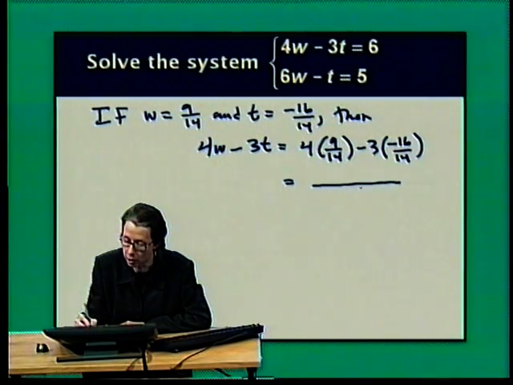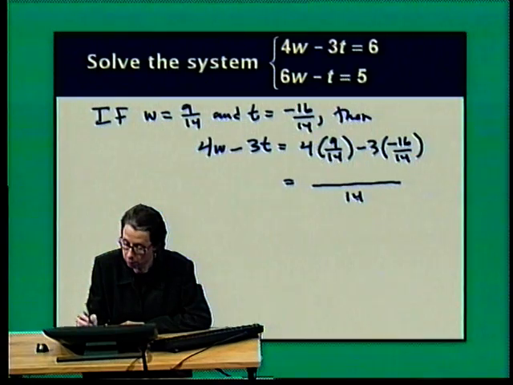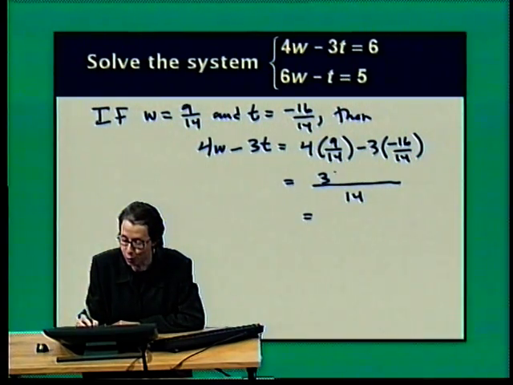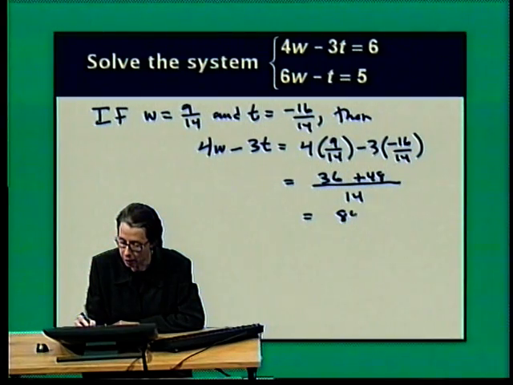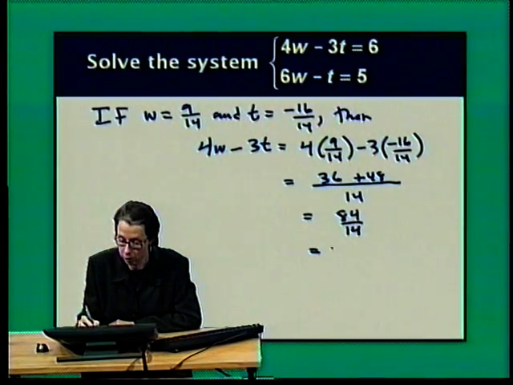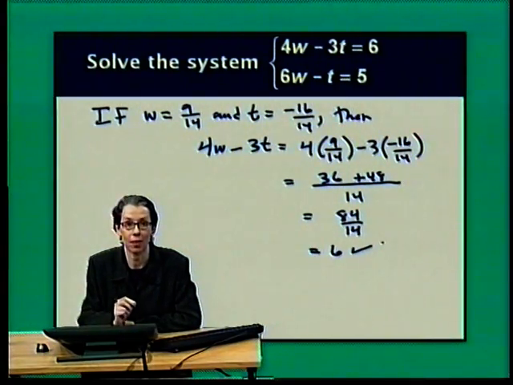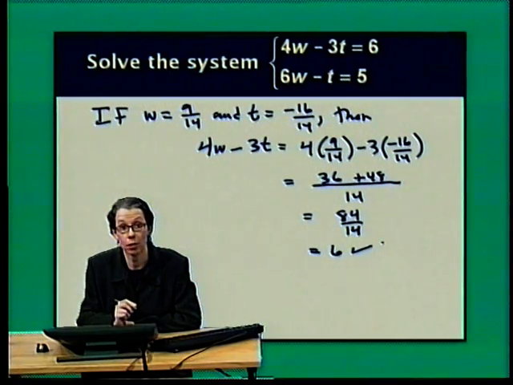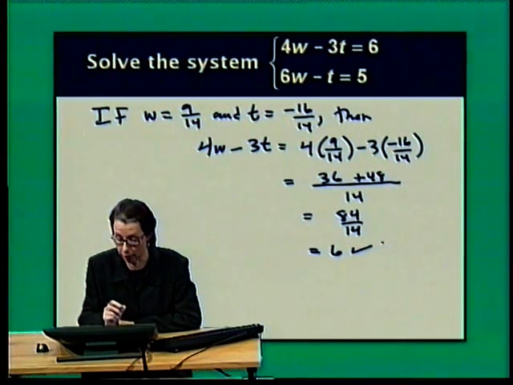So I have a common denominator of 14ths. So I have 36 plus 48, which is 84/14, which reduces to 6. That's what I wanted.